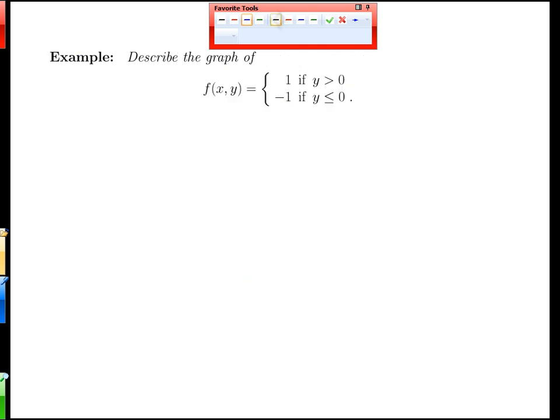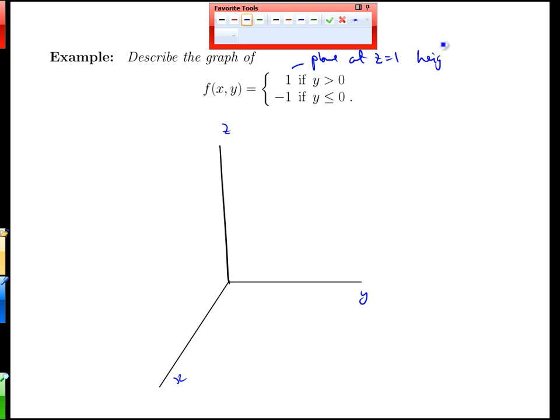Let's break it up a little bit more. We have x, y, and z again, but in this particular function, we're going to have a plane at z equals 1 height, and we're also going to have a plane at z equals -1 height.